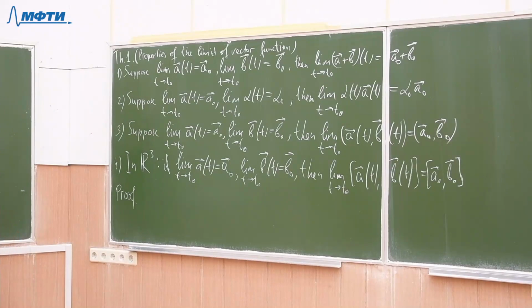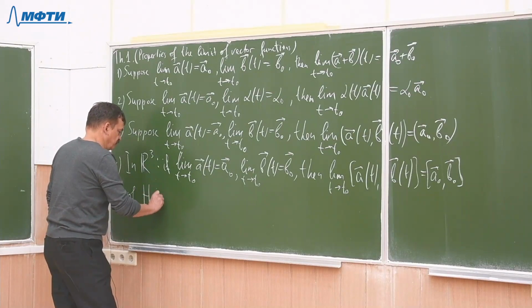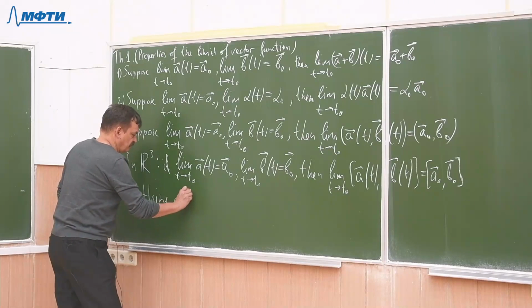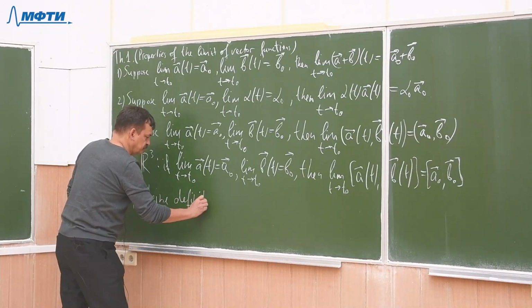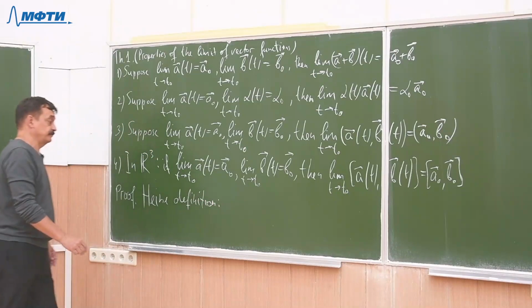And proofs are absolutely similar. So we use the Heine definition. And then we proceed like that.